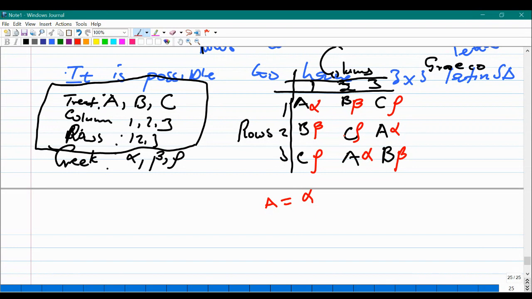So you can never have a 3 by 3 design like this. It's fine that these Greek letters are not repeating in any row or column. But the problem is they are attached to the same letter. This is not allowed.